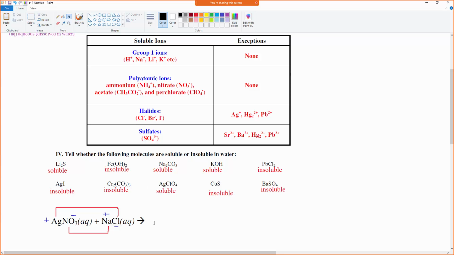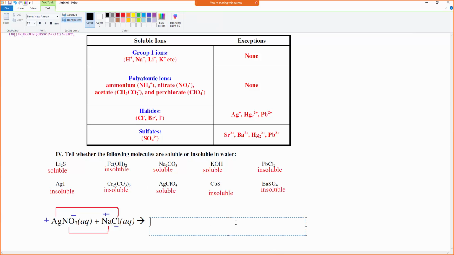And so we can predict that our products are the silver with the chlorine. We don't know what that phase is yet. And the sodium with the nitrate. And we don't know what that phase is yet, right?